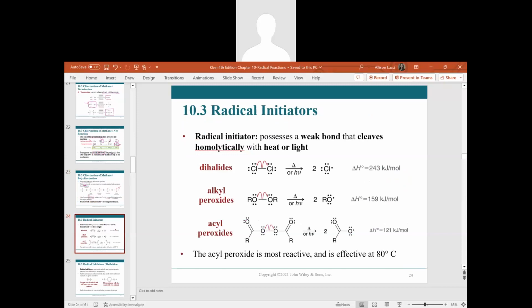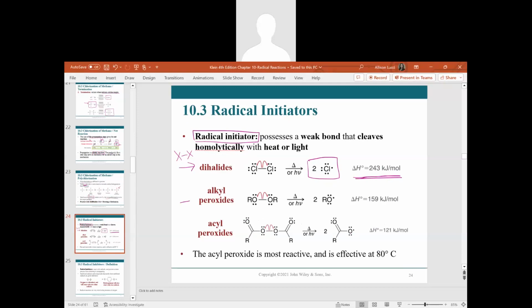So again, we can take a look here at some different radical initiators. So we saw dihalide. So these will be those X's, right? So we could have anything from chlorine or bromine to produce two radicals here. And over here is the amount of energy that will be needed to cleave that bond homolytically to create those radicals.